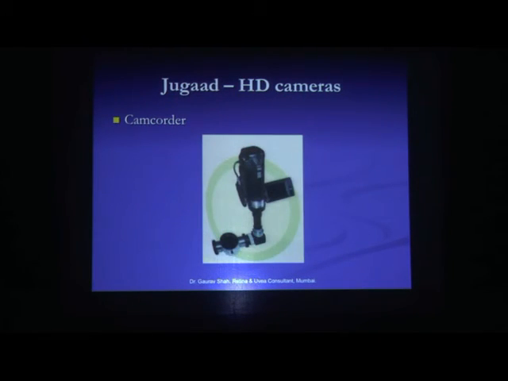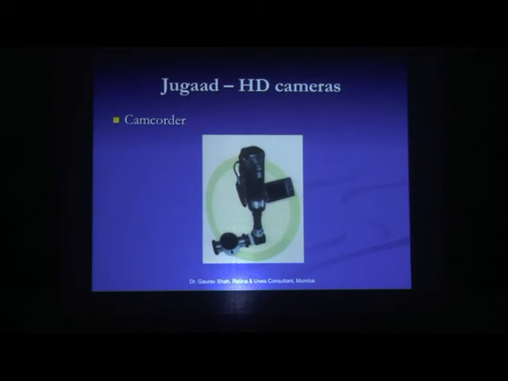The second thing is again a jugaad. You already have a handycam video recording system, which records in HD mode, and you can have a special C-mount created which fits onto the beam splitter on one side and onto the handycam on the other side.